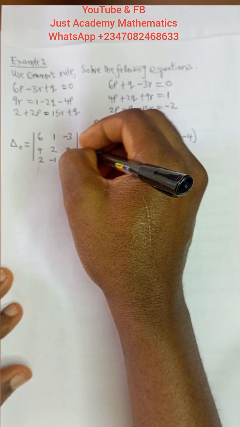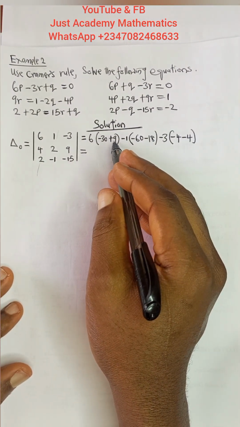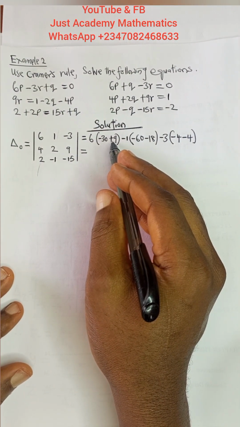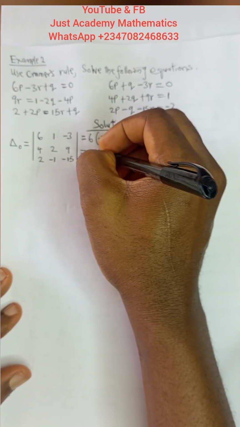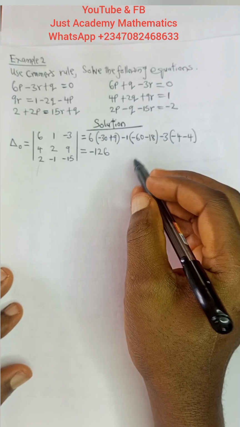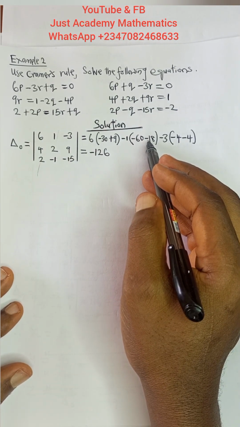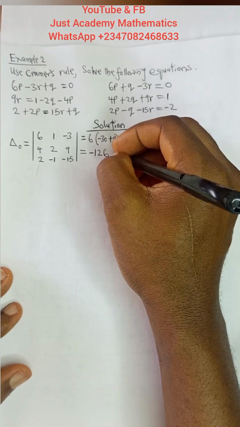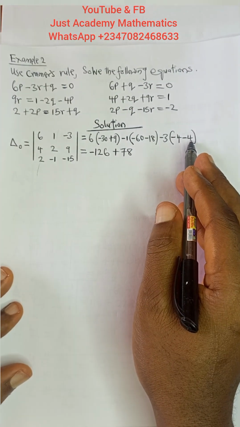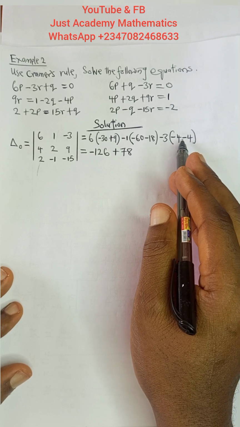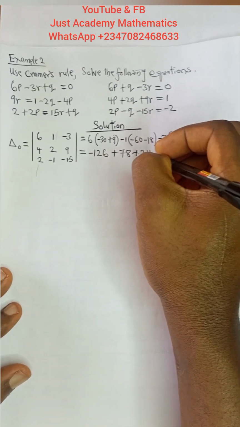So let's see. -30 plus 9 is -21. -21 times 6 is -126. -60 minus 18 is -78. -78 times -1 is plus 78. -4 minus 4 is -8. -8 times -3 is plus 24.